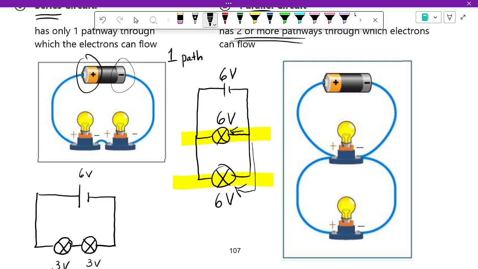Whereas the electrons here have 6 volts, they drop half their energy, and then they drop the other half of their energy. Whereas in this one, the electrons that are already in this path have 6 volts, and they go right through, and they drop all their 6 volts. The electrons that are already in this path have 6 volts, and they drop all their 6 volts as they go through. And then they meet up back here. Okay? So it's kind of interesting.